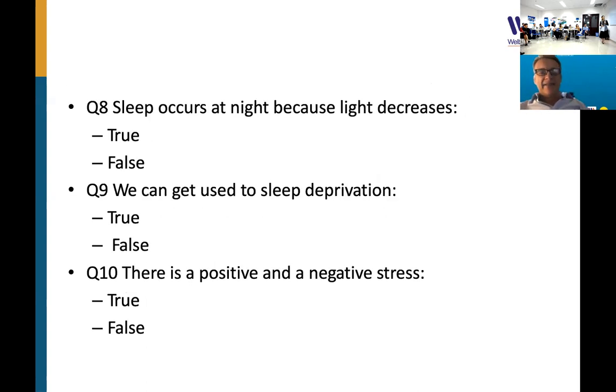Okay, and then the final questions. So sleep occurs at night because light decreases. Easy question. True, right? It's true. Okay, so hands up for true. True. 1, 2, 3, 4, 5, 6, 7, 8, 9.